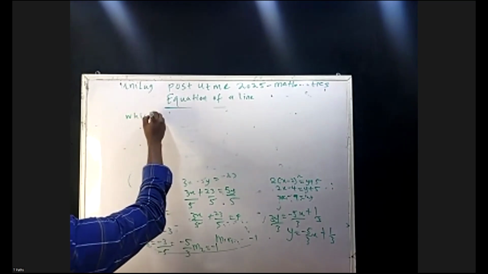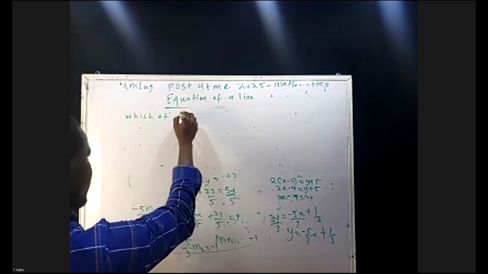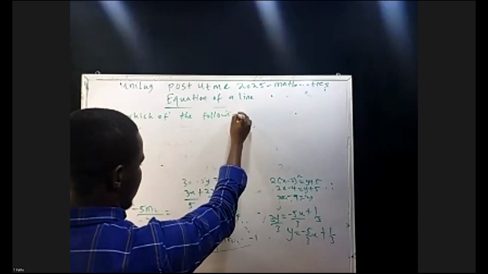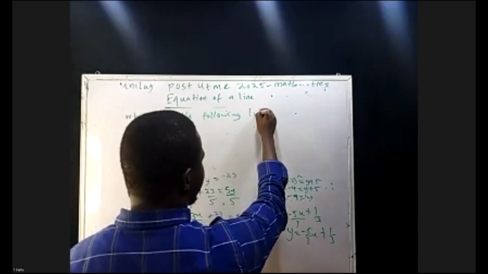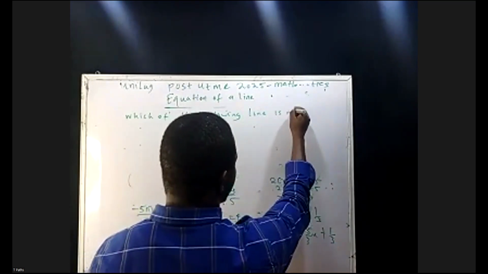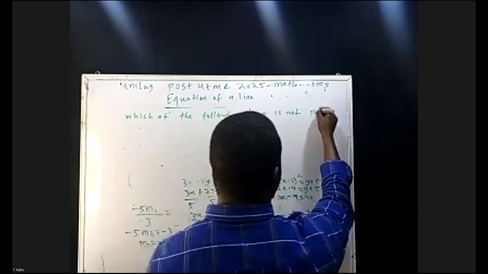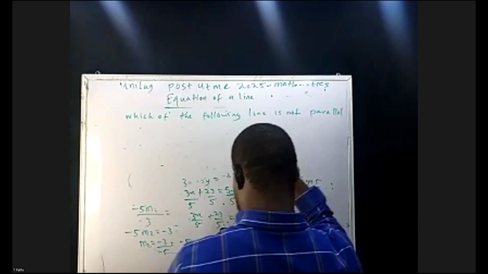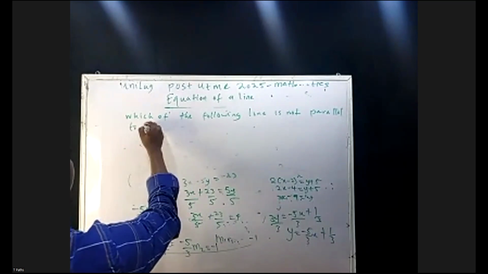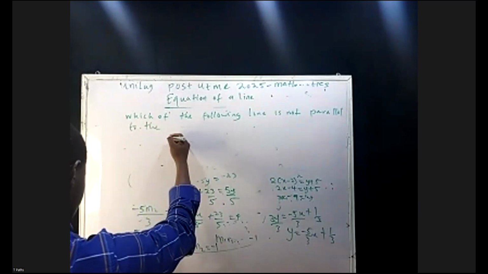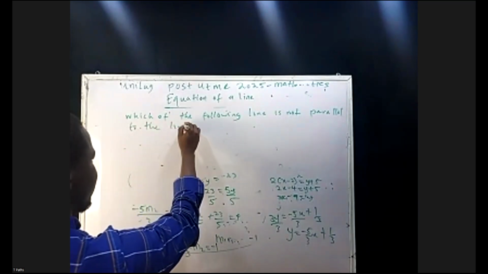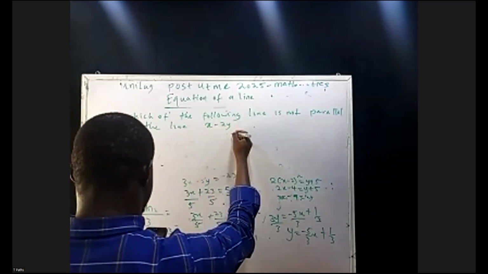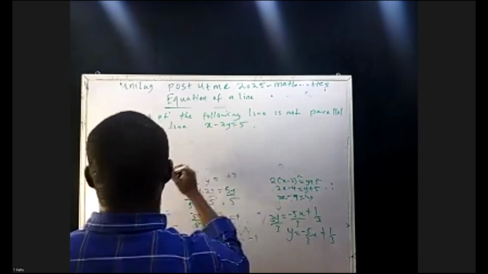Which of the following lines is not parallel to the line x minus 2y equals 5? Now you are going to type the answer.